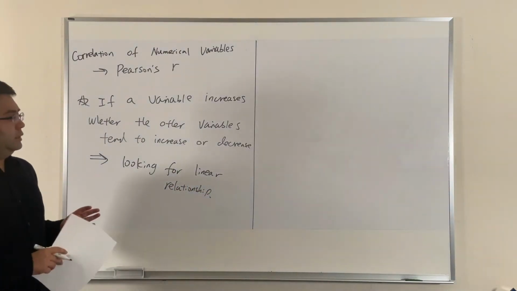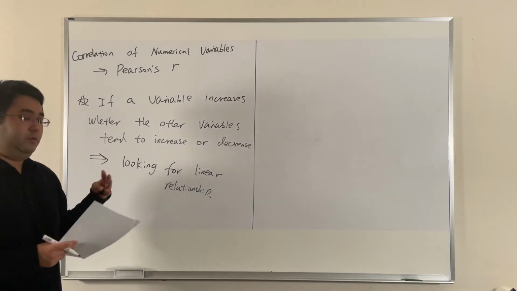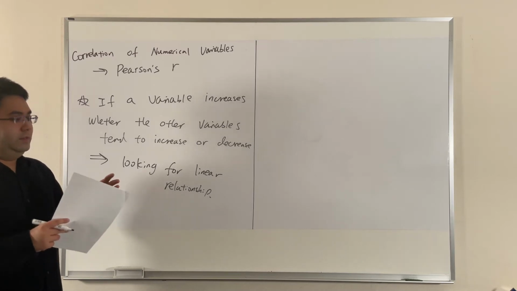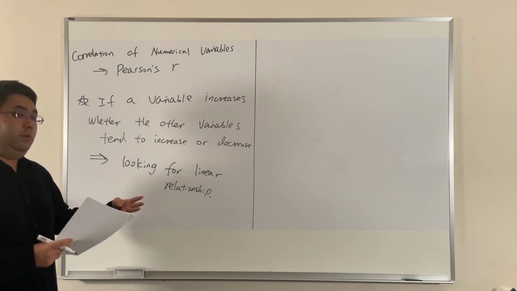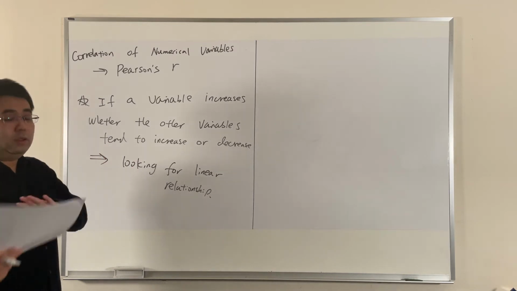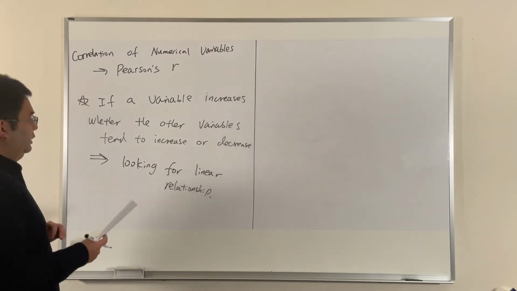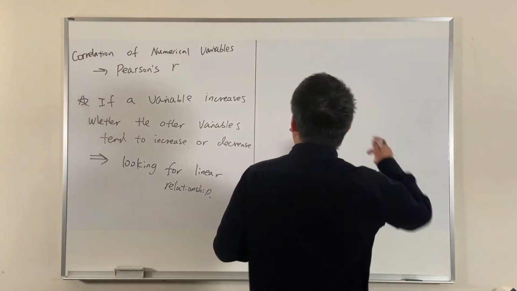So we're going to do this in two ways. One way is we're going to look at the graph and see how the two variables are correlated with each other on the graph. And then another way is we're going to use a formula to calculate the value of correlation.